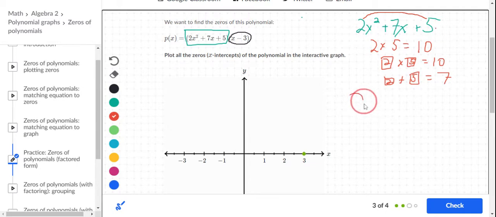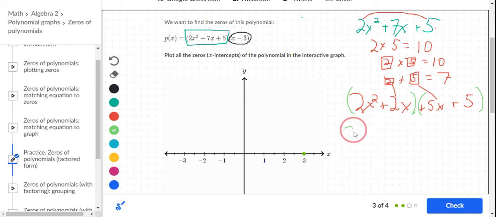So I'm going to rewrite this all out. This is how we work out grouping questions. 2x squared plus 2x plus 5x plus 5. All right, the next step is to actually group them up. What do the first two have in common? They have a 2x in common. That would mean that x plus 1 is left over.